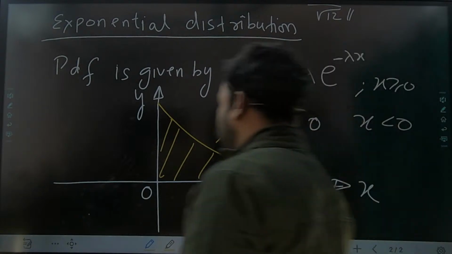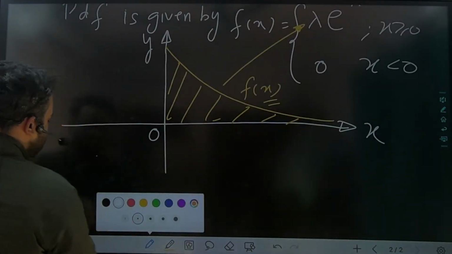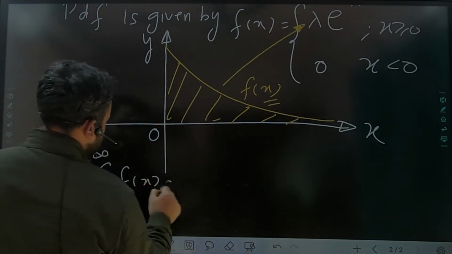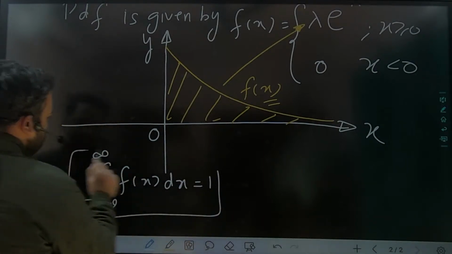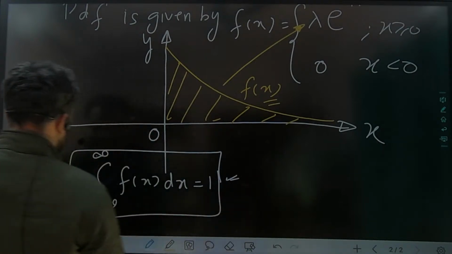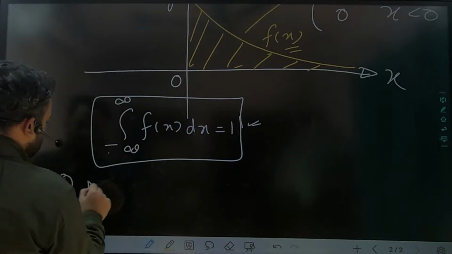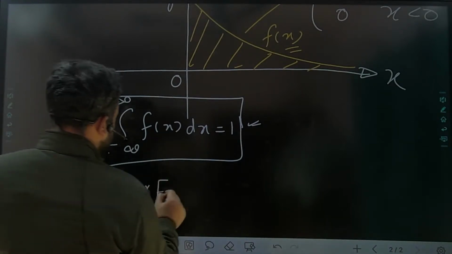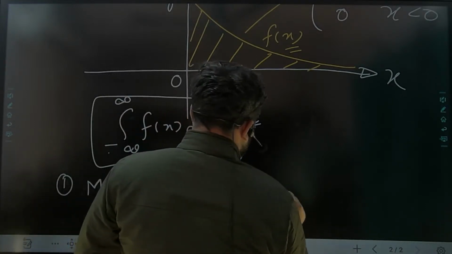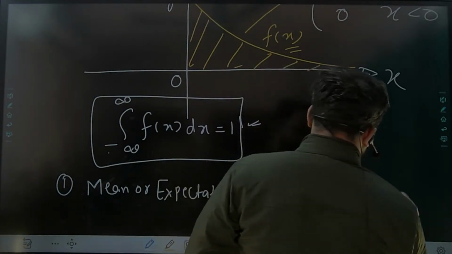Now we know that whatever probability density function there is for any continuous variable, we always have this general thing: the integral from minus infinity to plus infinity of f of x dx is equal to 1. That will always be valid, meaning the area under the curve from minus infinity to plus infinity is equal to 1. Now if you are asked to calculate the mean or expectation, the general value is the integral from minus infinity to plus infinity of x f of x dx.